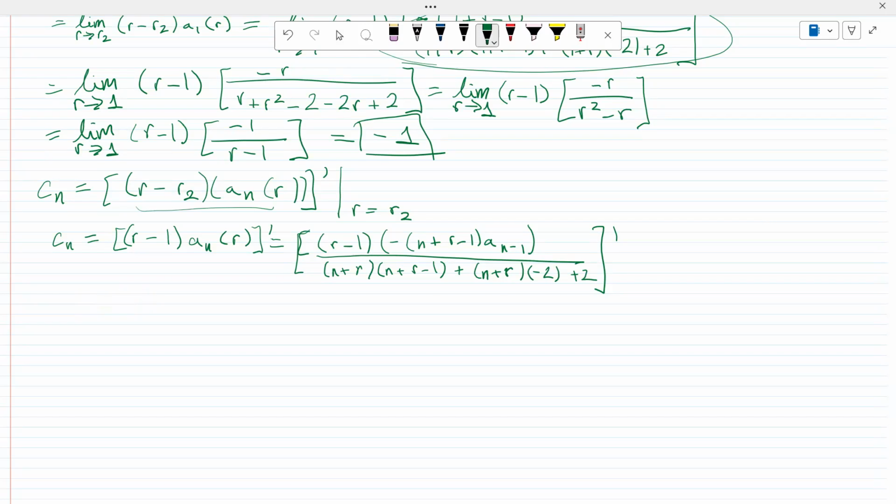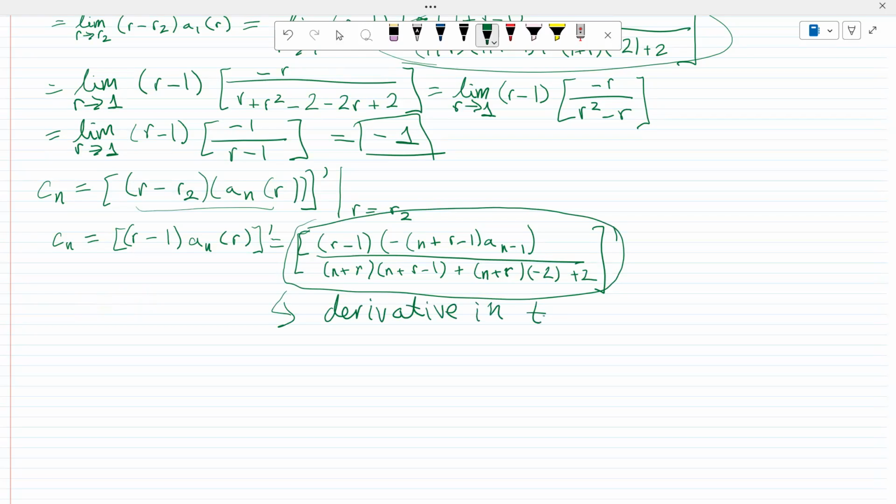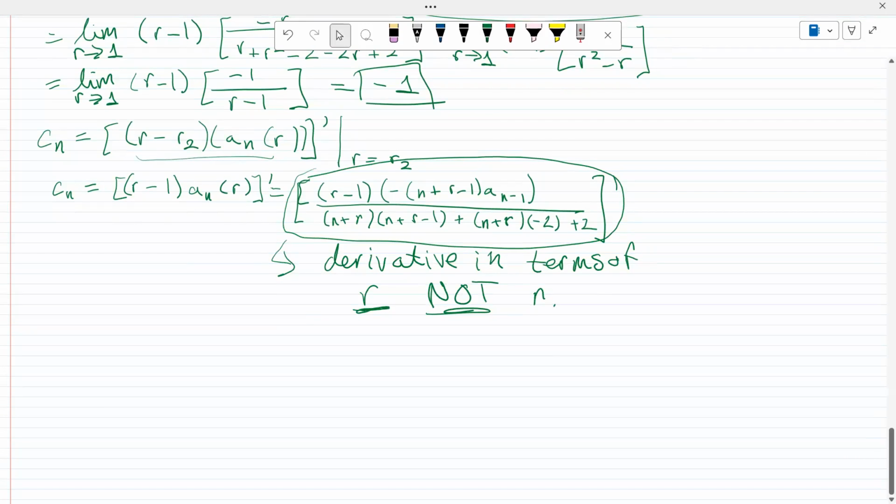You basically need to take this whole derivative and make sure that it is the derivative in terms of r, not in terms of n. And then once you get this really long, complicated derivative, you'll get your final expression for Cn, right?